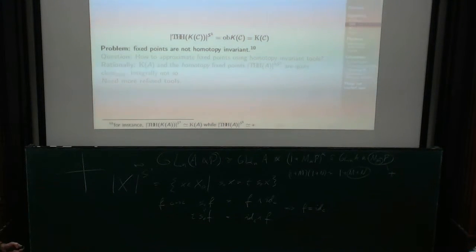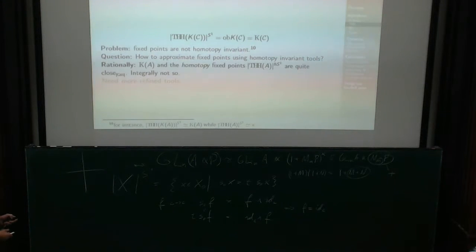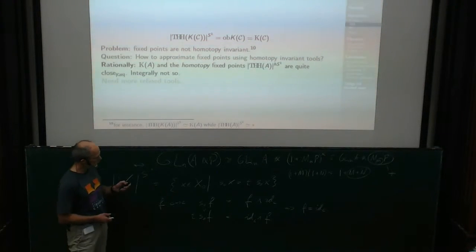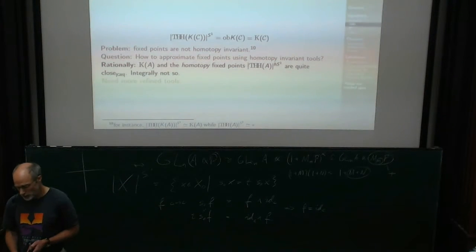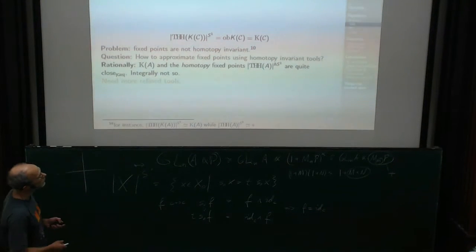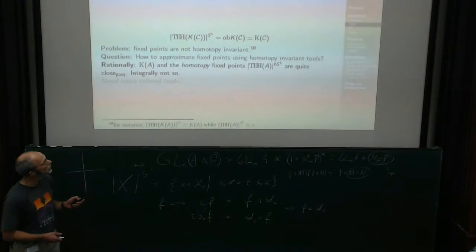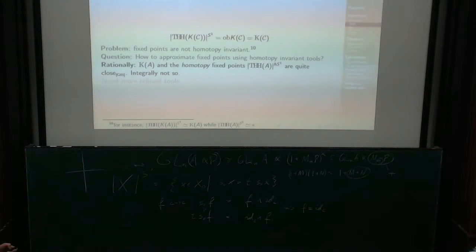So I have to do something smarter, and that's, of course, exactly what Bökstedt, Hsiang, and Madsen did. There were some precursors to this. Rationally, one knew that the homotopy fixed points were quite good approximations. So actually, the trace from K-theory to the homotopy fixed points, at least under rationality assumptions, was just as good as topological cyclic homology turned out to be.